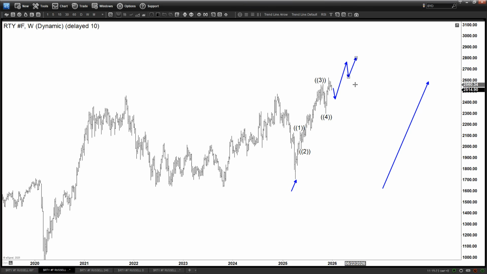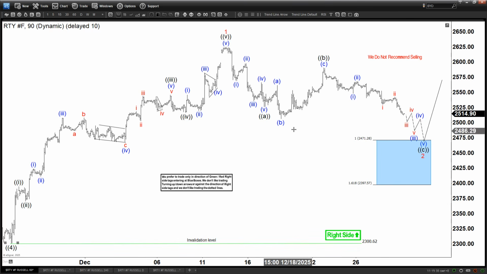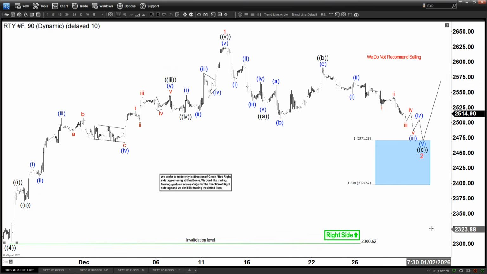The alternate scenario is that we are not extending within wave 5 anymore, that we are ending wave 5 already. Now, if that's the case, then we can already start the biggest pullback since April this year. So this pullback can in fact become a bigger pullback, let's say a 1, 2, 3, 4, 5.